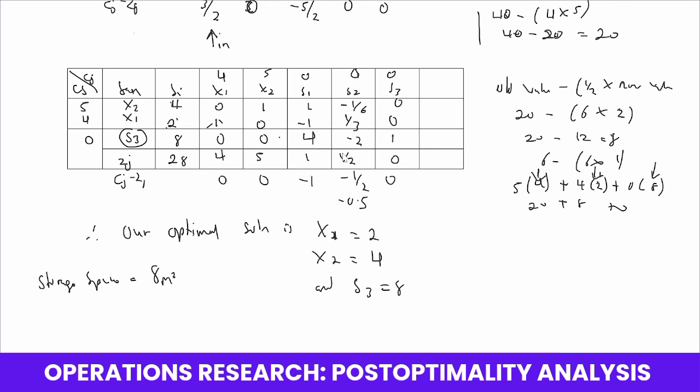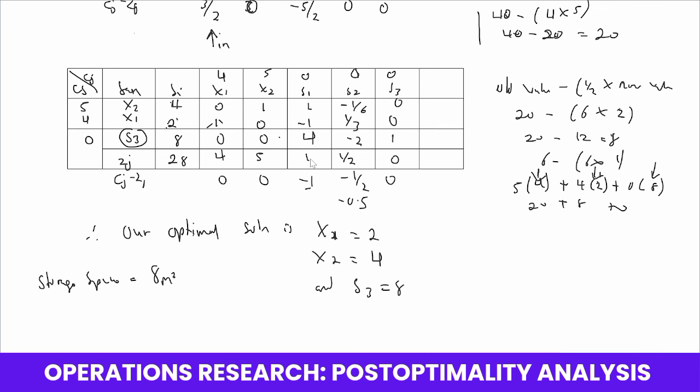So if the entry of S1 results in a reduction of labor by 1 unit, then it means that when we increase labor by 1 unit, there's going to be an increase in profit by 1 USD. And then when we increase the material by 1 unit, there's going to be a profit change by 0.5.